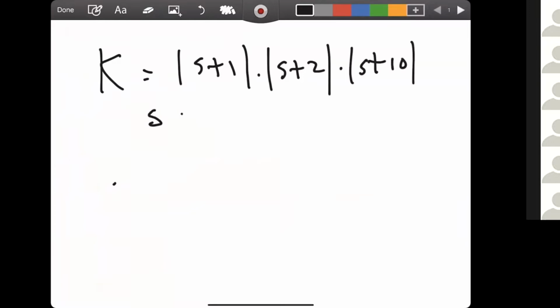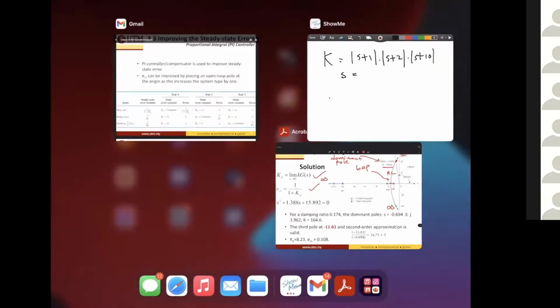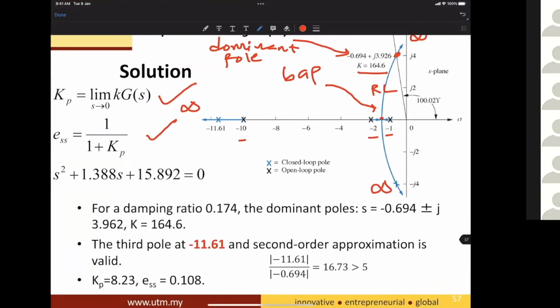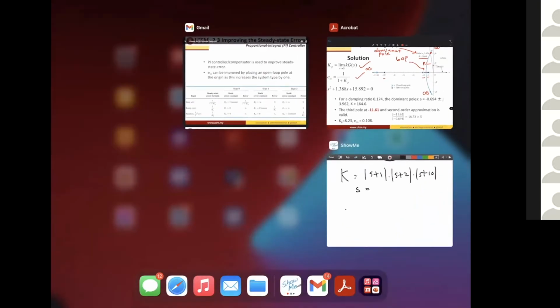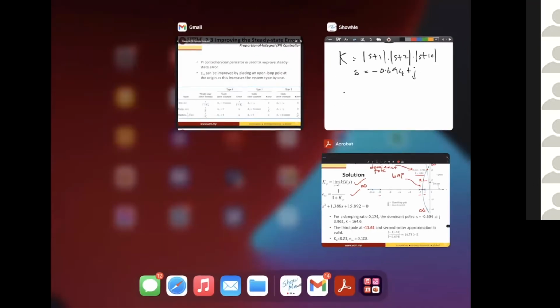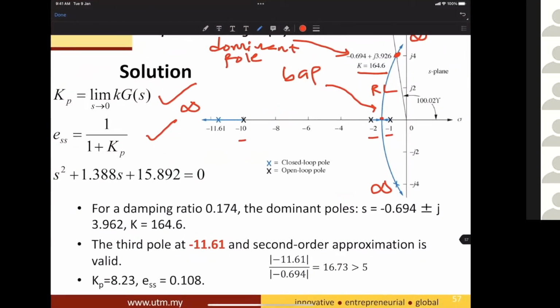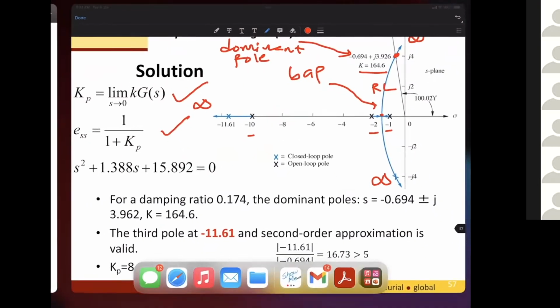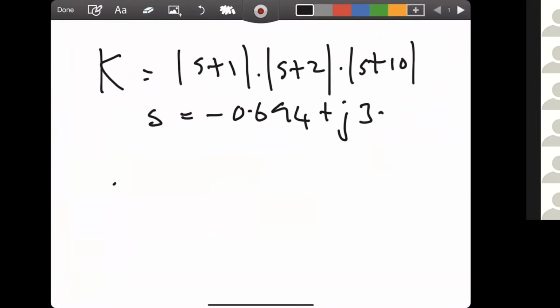So gantikan S sama dengan minus 0.694 plus j3.926. Okay. So gantikan ke dalam.